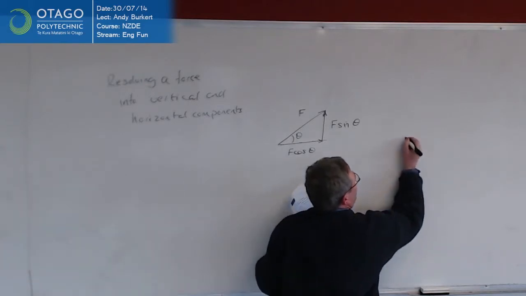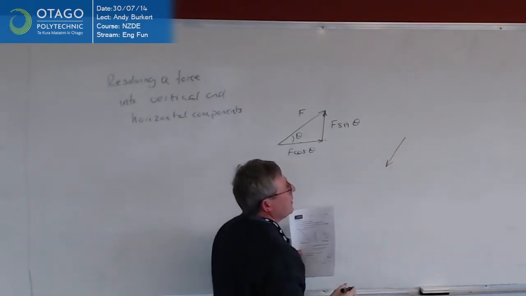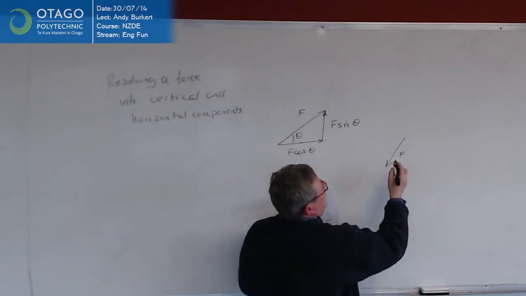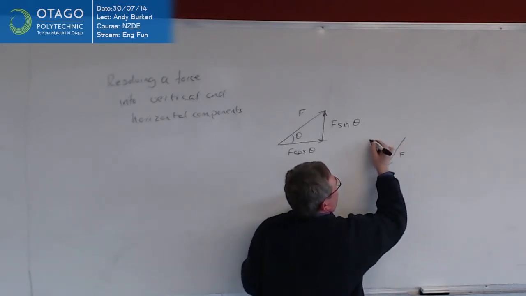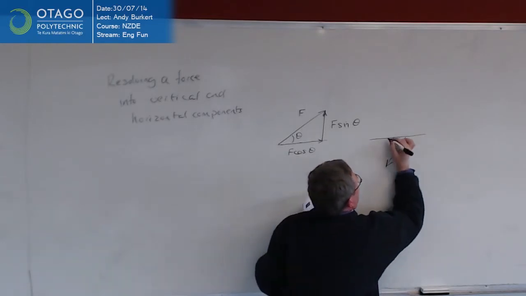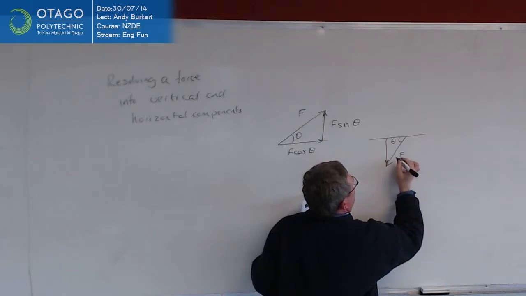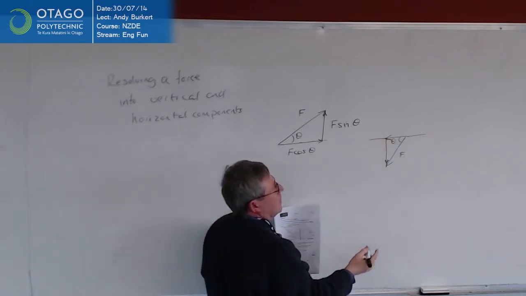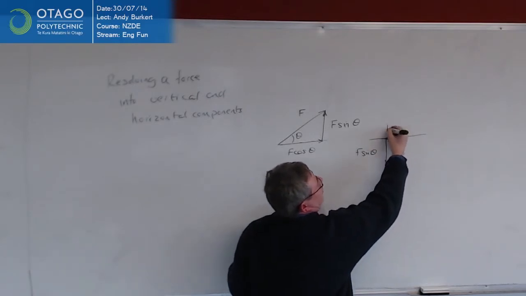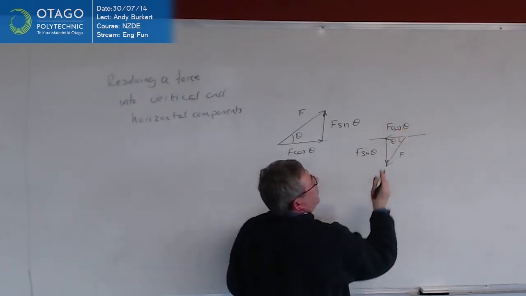So if I've got a force going like that, at angle theta to the horizontal, the vertical component is F sine theta and the horizontal is F cosine theta.